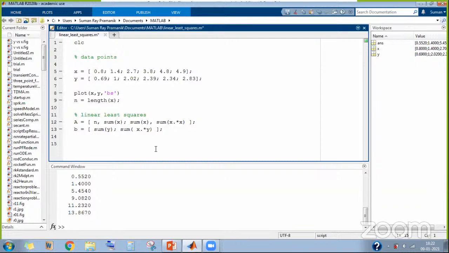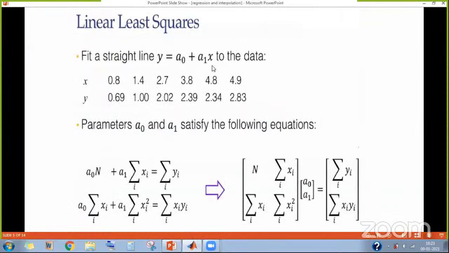Okay, so now we have to find the coefficients. As I said, the coefficient matrix will also be a matrix of 2 cross 1. So let us call it phi, and it will be the inverse of the A matrix multiplied by the B matrix. Now we were wishing to find A0 and A1.